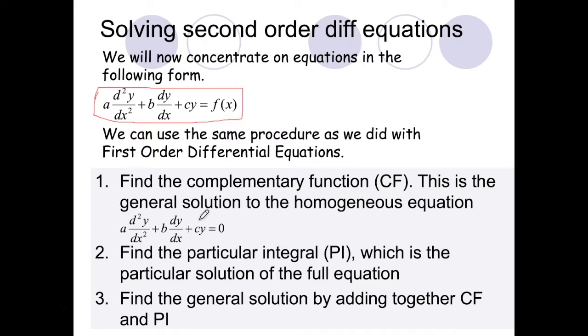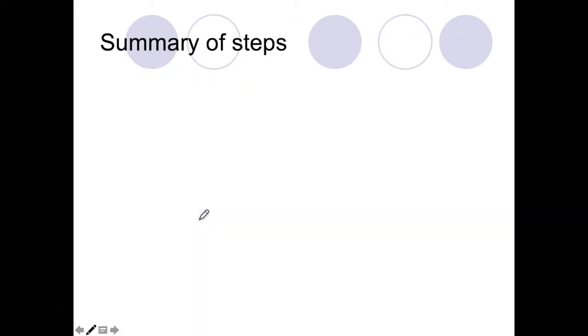And finally, we find the general solution by adding the complementary function and the particular integral together. If you have not seen how we found the complementary function and particular integral, you can go back and watch the video on complementary functions and particular integrals.